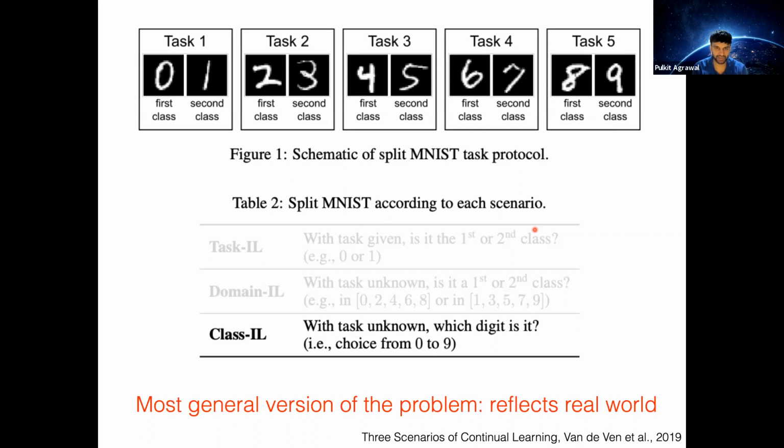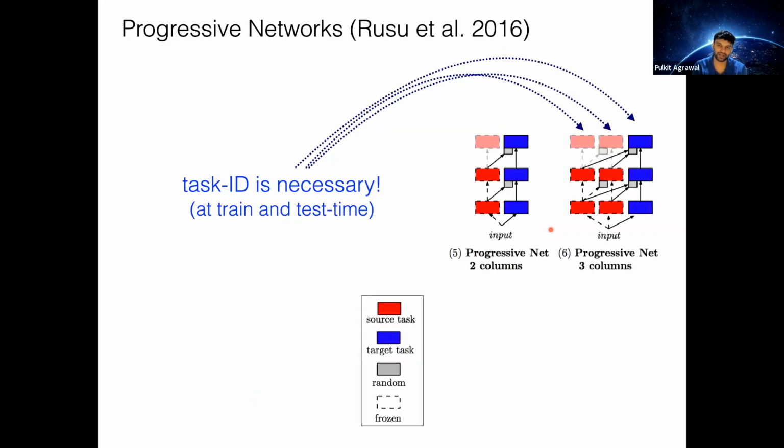Now, if you look at some of the works that we discussed, for example progressive networks, they required task ID both at training time and at testing time. Why did I need it at training time? Because I was constructing one column for each task. Why do I need it at testing time? Because I need to know from which column I should read the output.